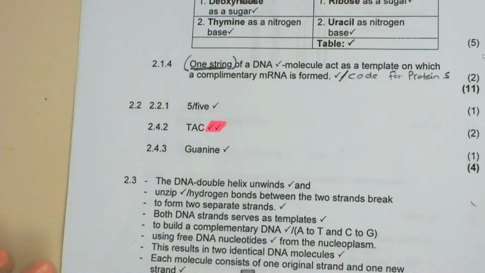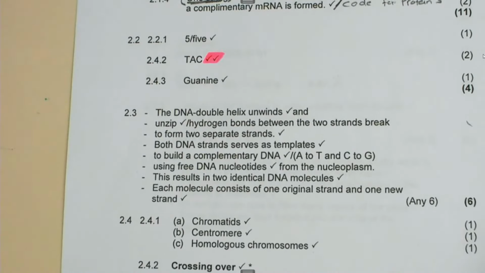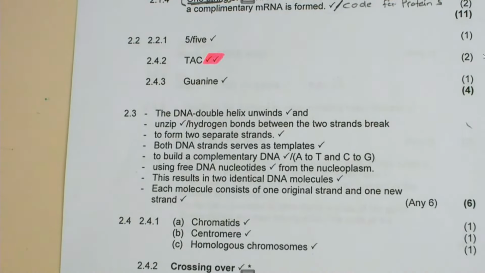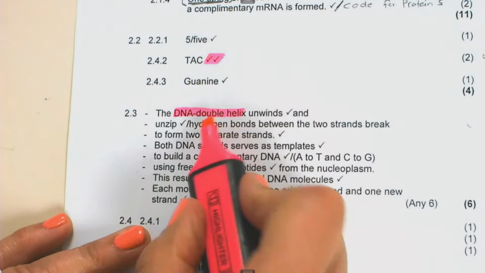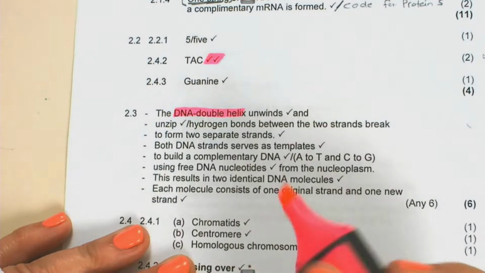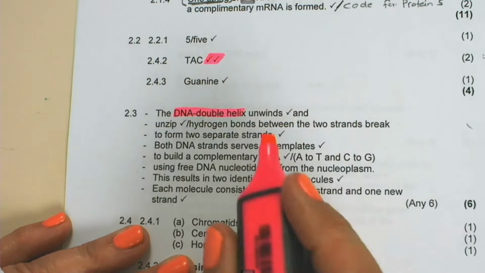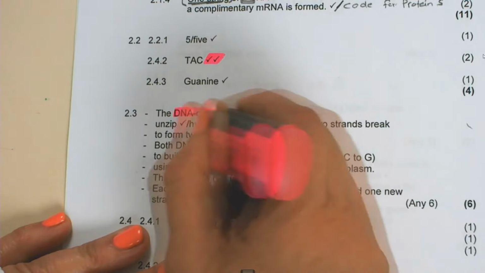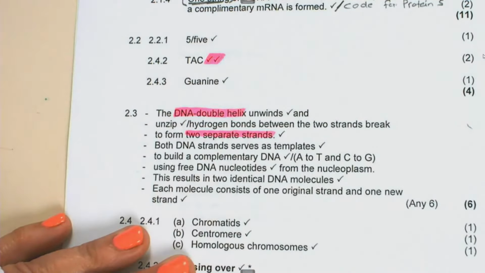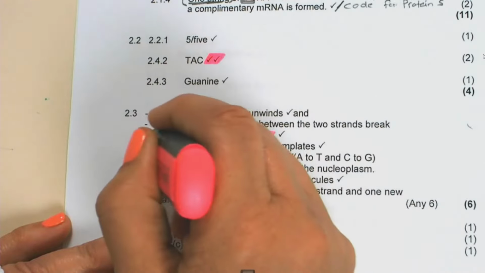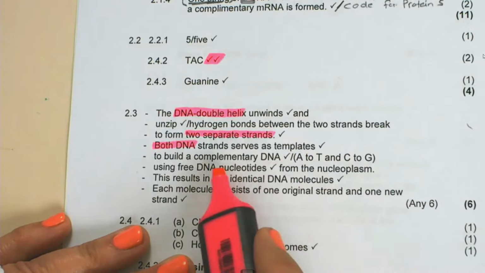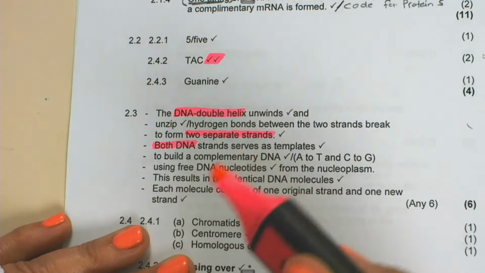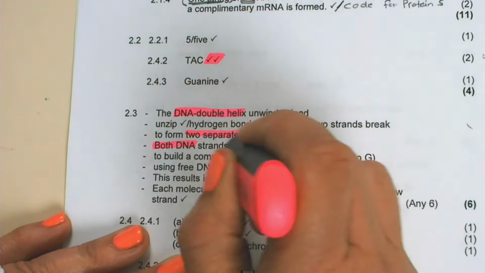And then you have to explain DNA replication. In this case, it is very important to write it like this. The DNA double helix, not only the DNA unwinds, it unzips, two separate strands form, and then both the DNA strands serve as a template, build a complementary DNA.